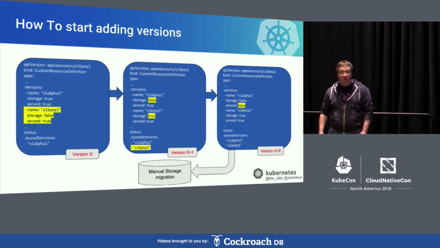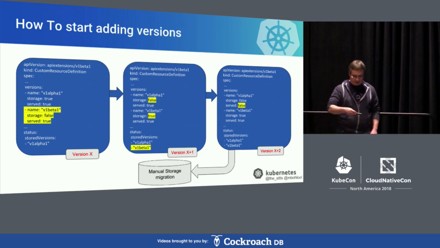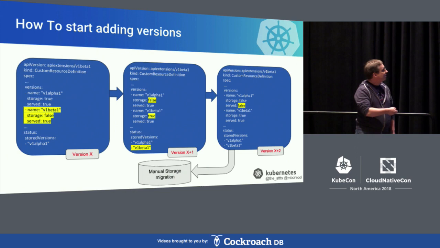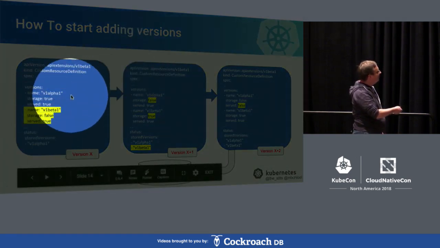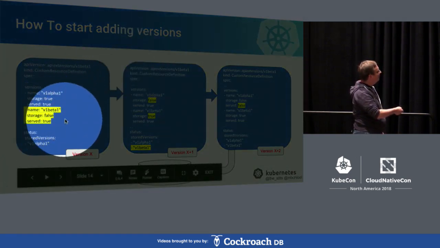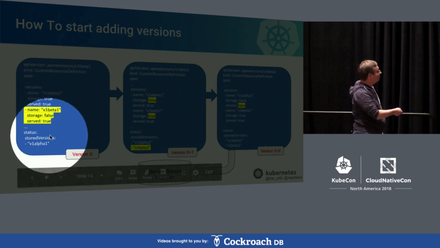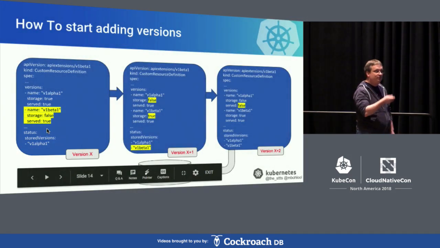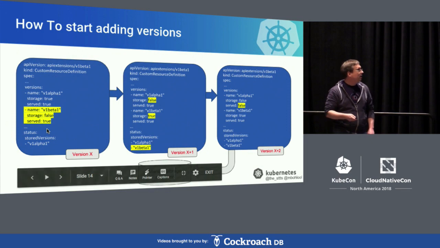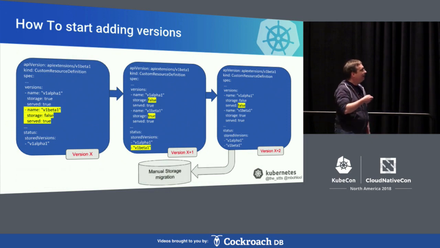When we add a new version, that's what we do here in the first box on the left. The question is, when will you change the storage version? v1beta1 is new, it's not the storage version, so we keep storage in v1alpha1. At some point, we want to switch, and the question is when.